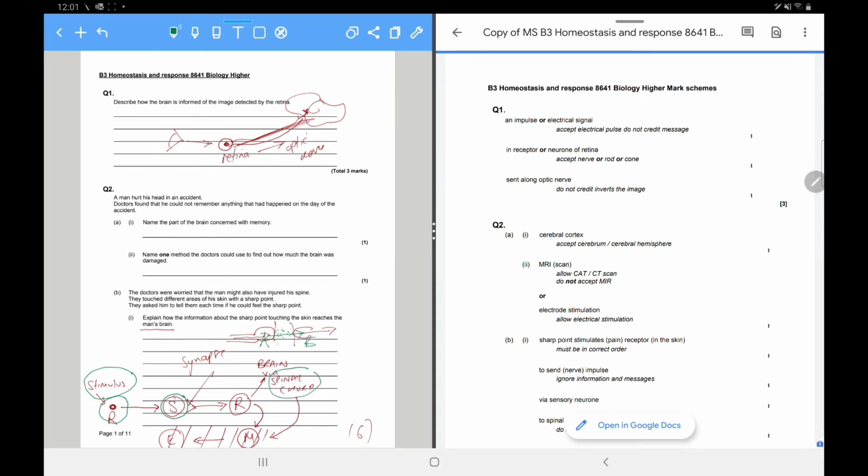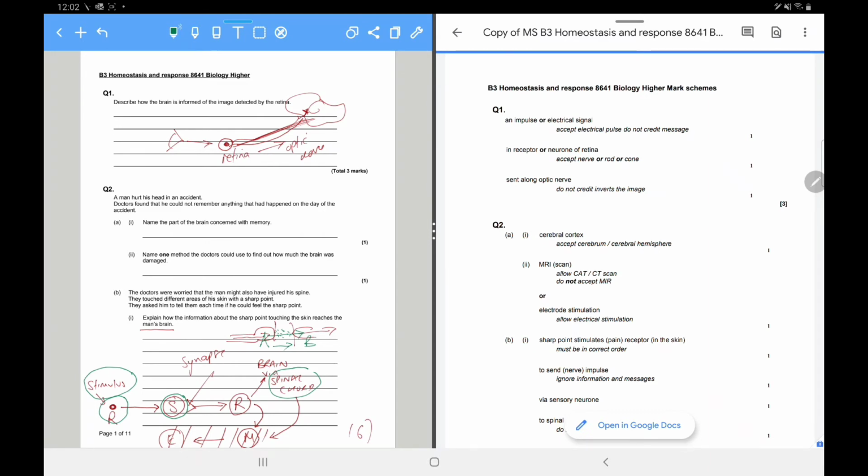The synapse has a neurotransmitter which diffuses across what's called the synaptic cleft, or the gap between the neurons, carrying the signal to the brain.